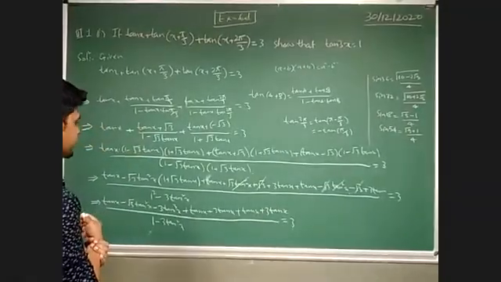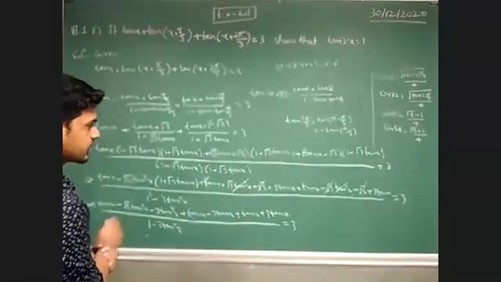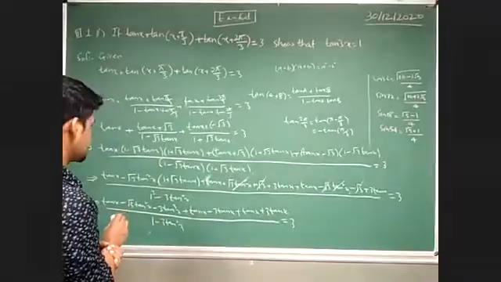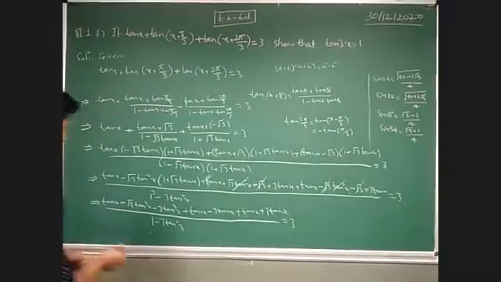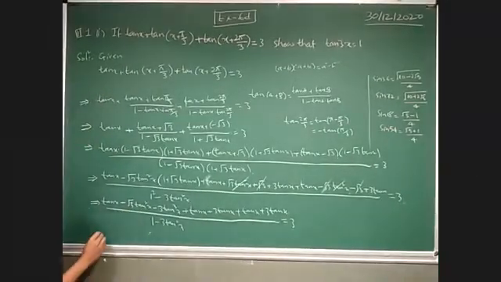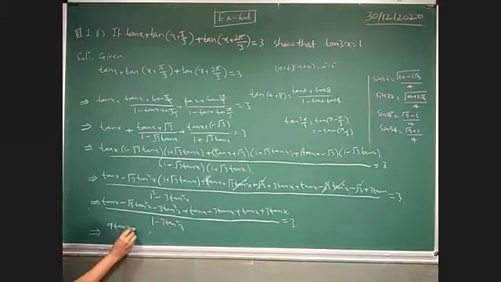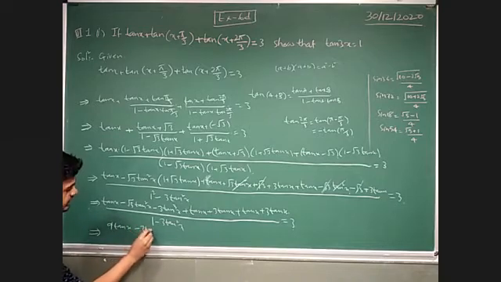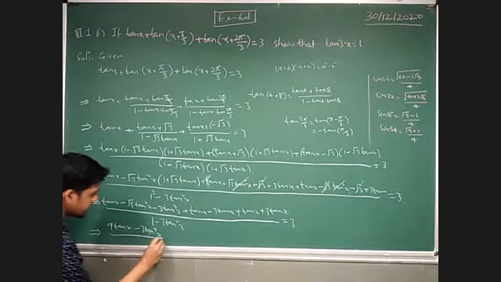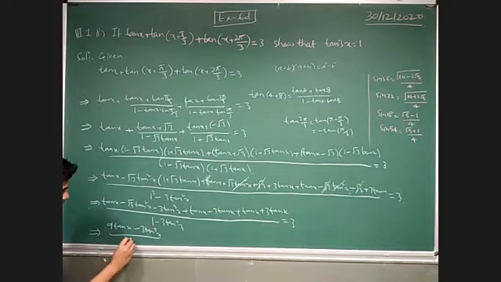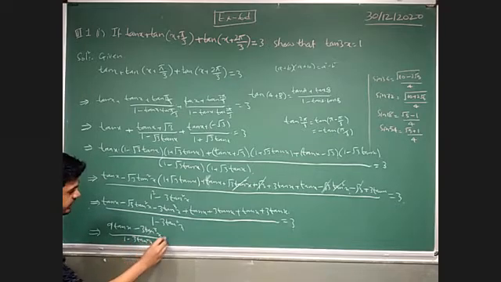So here we have total 9 tan x minus 3 tan cube x divided by 1 minus 3 tan square x, that is 3.